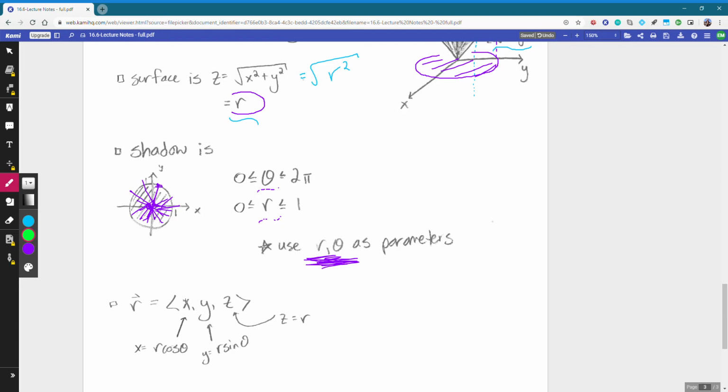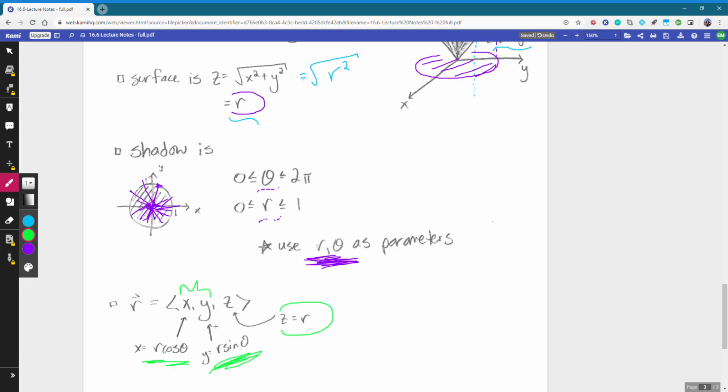And so we need to get x, y, and z for our parameterization. Our z component just comes from our equation above, z equals r, from the equation of our cone. x and y, we just need to translate these using our polar translation equations, that x is r cosine theta and y is r sine theta.